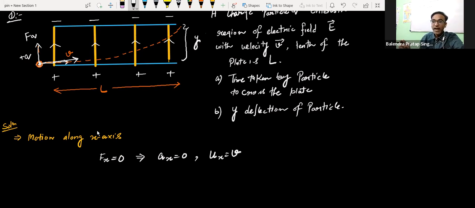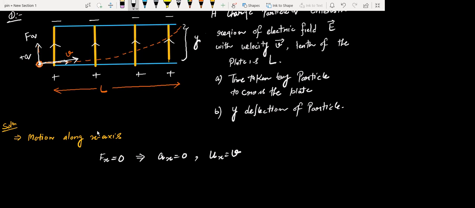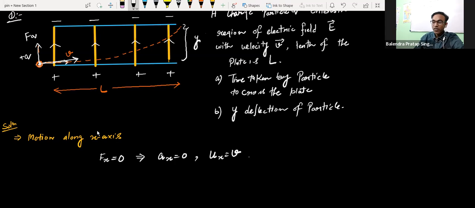The total distance covered by the particle along the x-axis is capital L, so small x is equal to capital L.